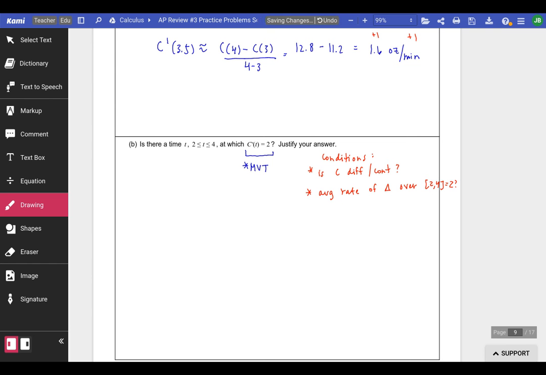If both of those things are true, then the mean value theorem says that we can guarantee that there's a point t where the derivative is equal to 2. So let's go ahead and take a look.